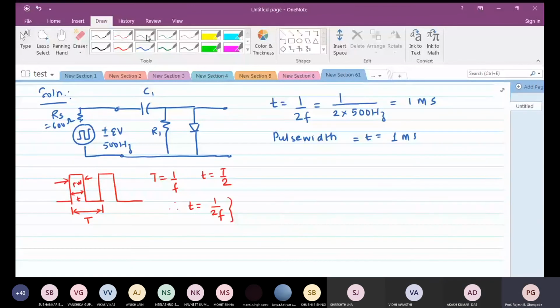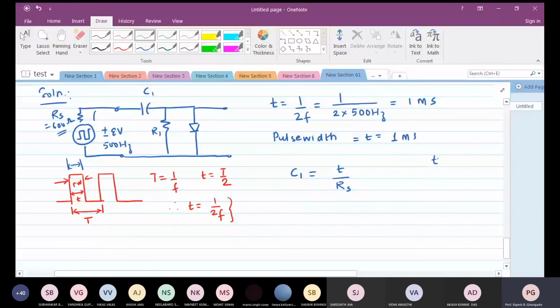Then I will say capacitor C1 is equal to this T divided by RS, because this capacitor has to be charged in this particular time by this source, which is having a resistance of 600 ohms.